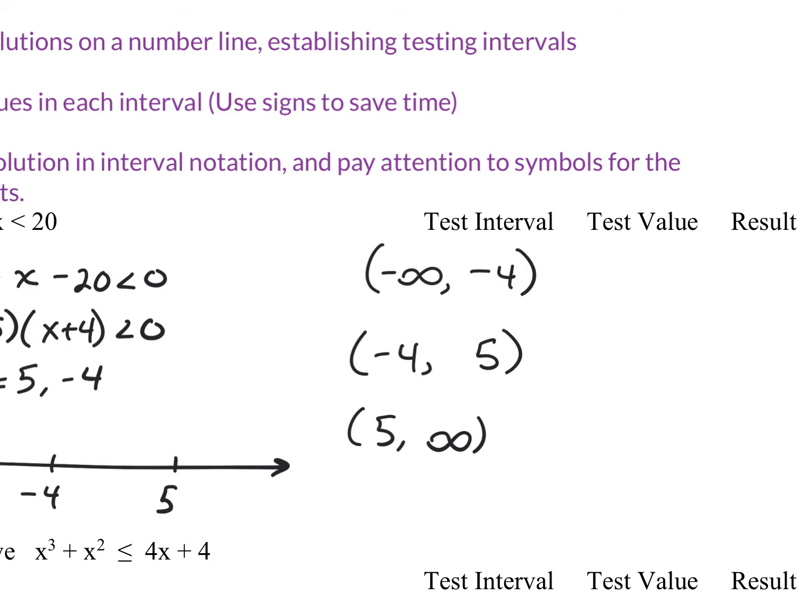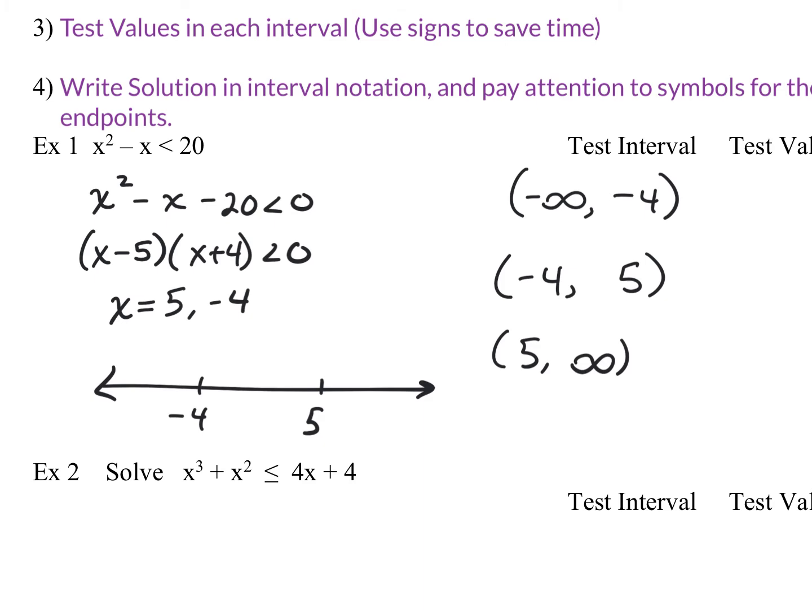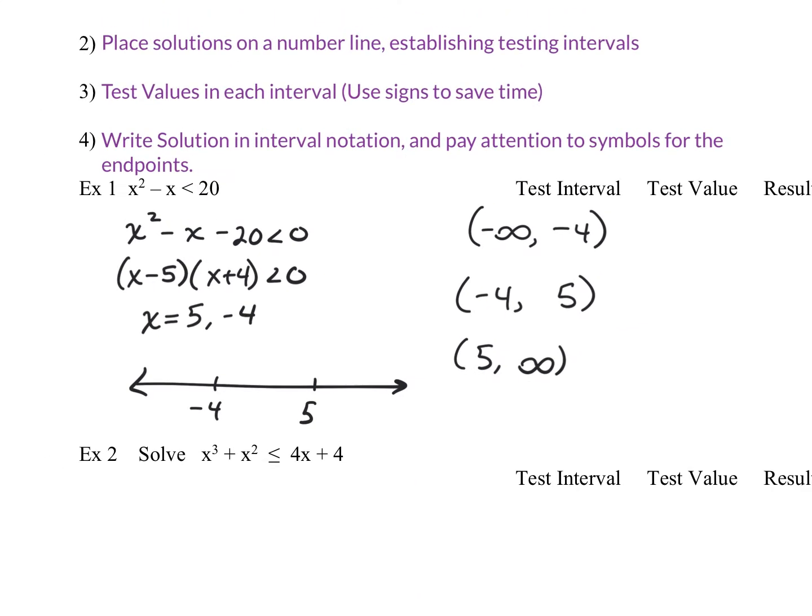We can plug in specific values, but what I like to do is use factored form. Let's fill this out. We're going to test negative 10, 0, and positive 10. Any number on these intervals will do. I strongly suggest you choose values that are easier to work with.